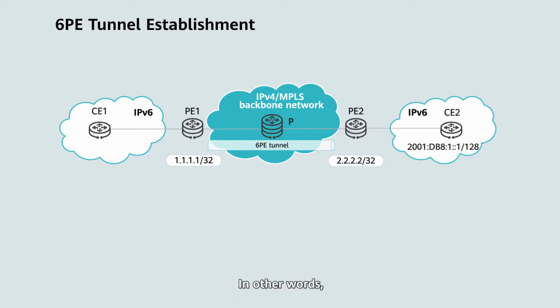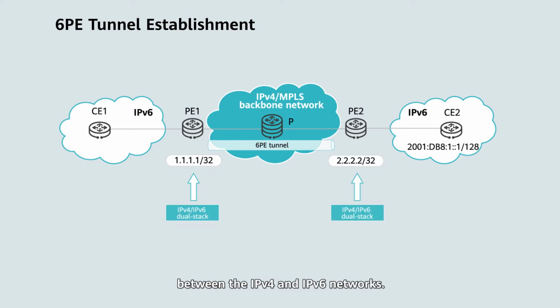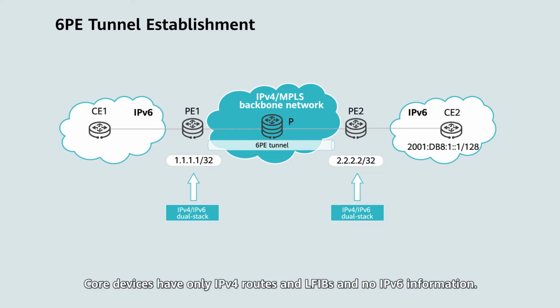In other words, IPv4 or IPv6 dual stack must be enabled on border routers between the IPv4 and IPv6 networks. Other nodes only need to maintain the IPv4 stack. PE1 and PE2 use MPBGP to advertise IPv6 routes. Core devices have only IPv4 routes and LFIBs and no IPv6 information.